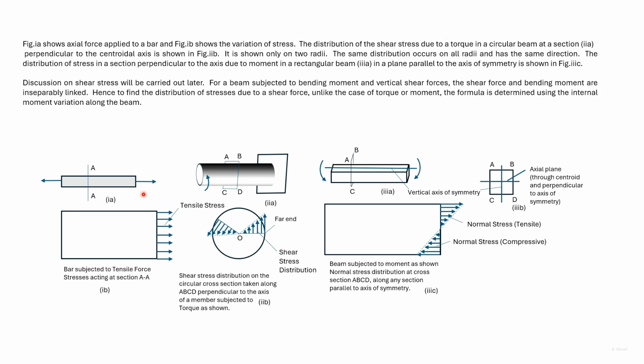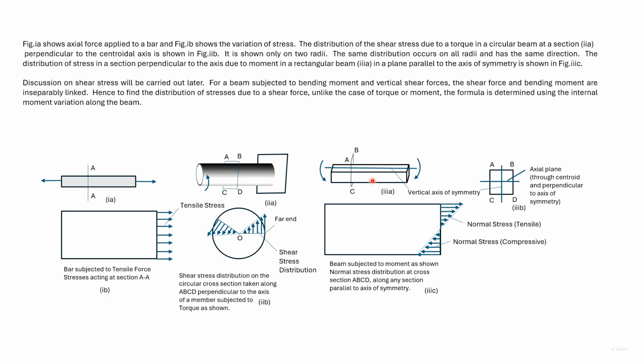For a bar subjected to an axial force, we found that the stress variation was uniform. For a circular bar subjected to torque, the stress variation at a section is given here. Only two radii are given here, but the stress variation occurs at all radii.